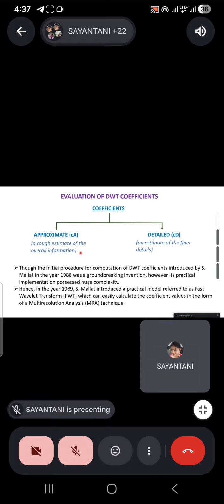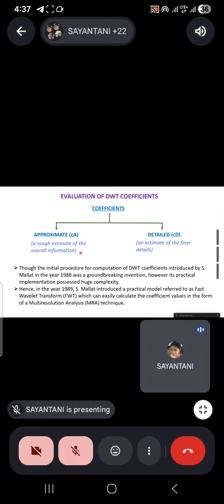So with one particular camera, you are able to capture the approximate version of the main image. That means in one frame, you have captured the entire pine tree, so the average information about the pine tree is captured in that one frame.